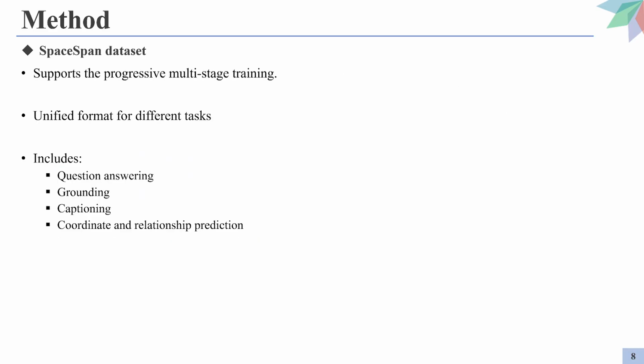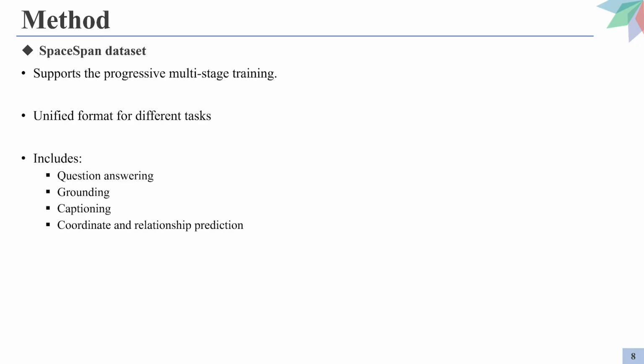To support this training strategy, the authors curate a dataset called SpaceSpan. SpaceSpan contains approximately 18,100 training examples collected from several existing 3D datasets. The data is converted into a unified format so that one model can be trained on multiple tasks.